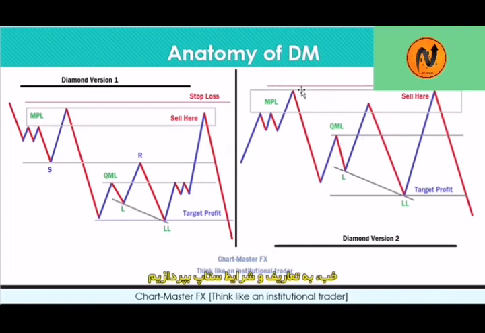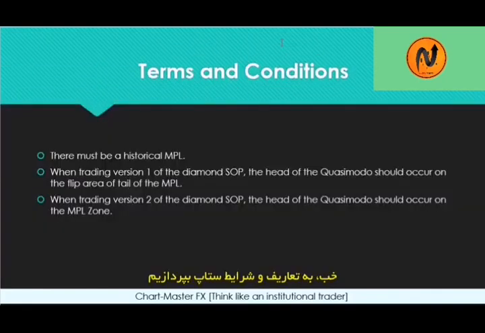So guys, let's go to the terms and conditions of the setup. On the terms and conditions, there must be a historical MPL. As you have seen, guys, there should be a historical MPL that is clear, that is not yet used.